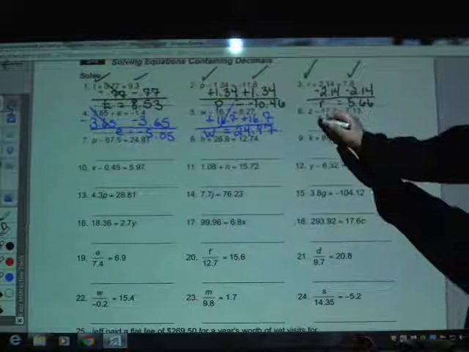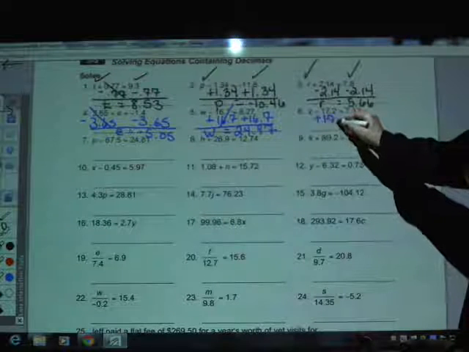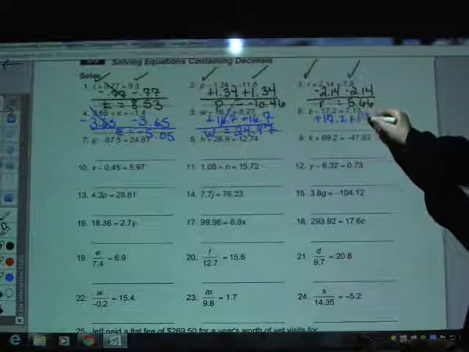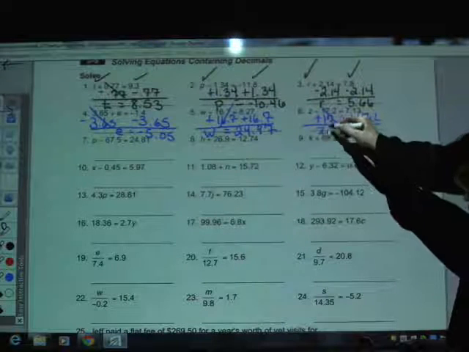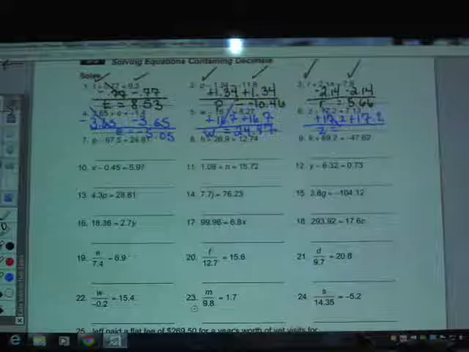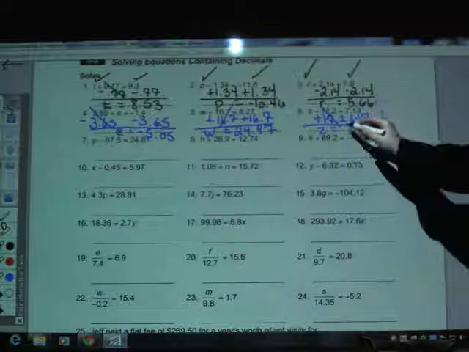I'm going to add 17.2 to both sides. And so on the left side, those will cancel each other out, just as they've done in all of our other problems in the homework here and in the notes today, and in every other section we've done solving equations with addition and subtraction. 7.13 plus 17.2 is how I'm going to derive my final answer, which is 24.33.